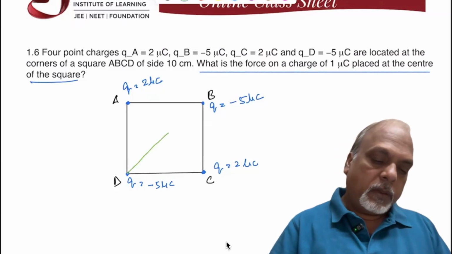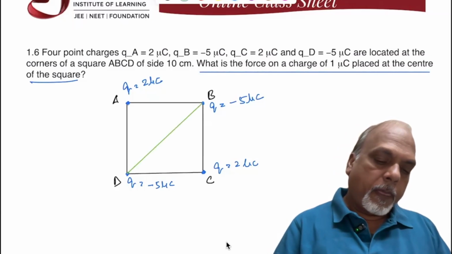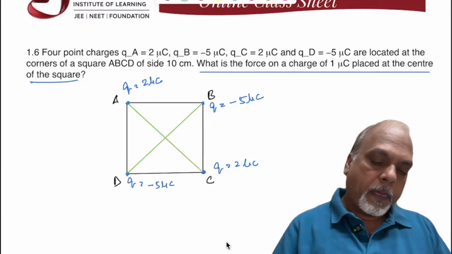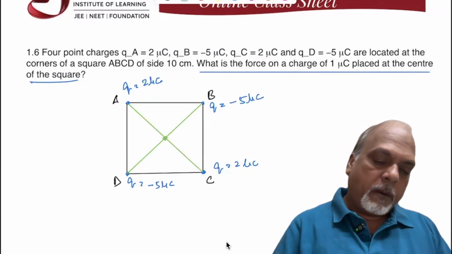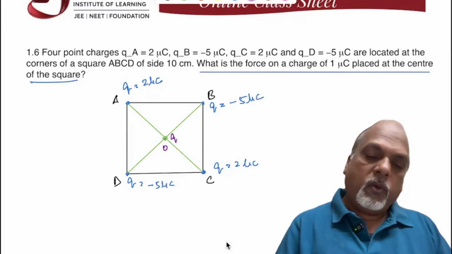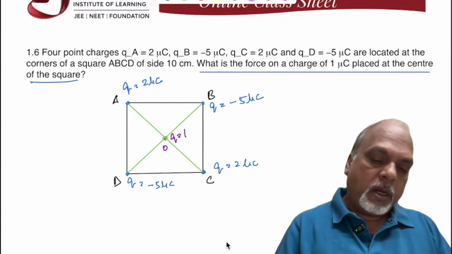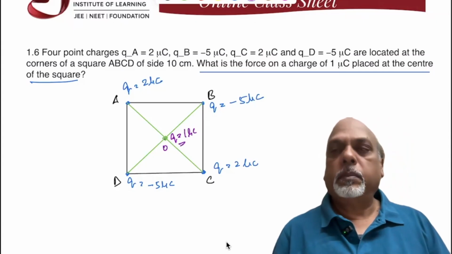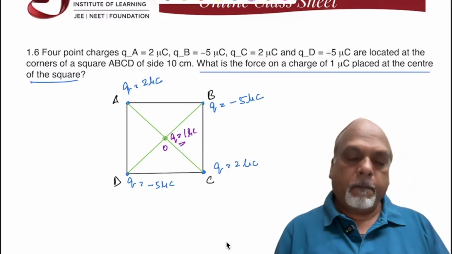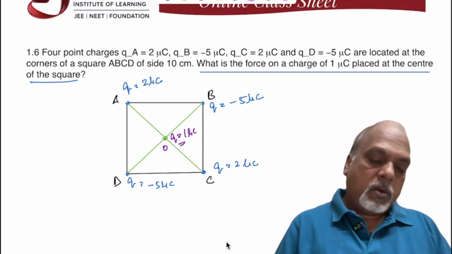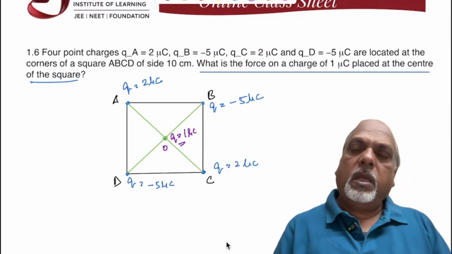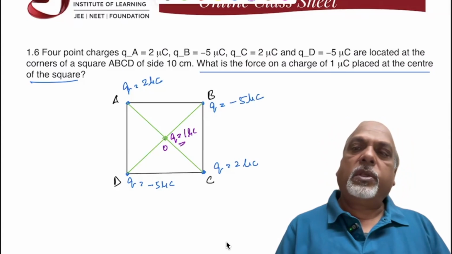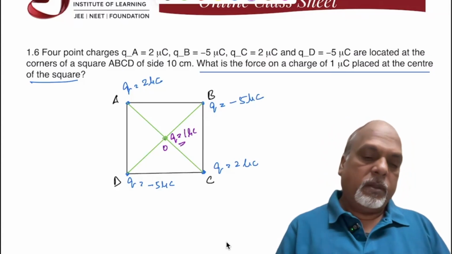So let us see. Suppose the center is O, and there is one charge of 1 microcoulomb. Now let us find the forces at the center due to this charge configuration.